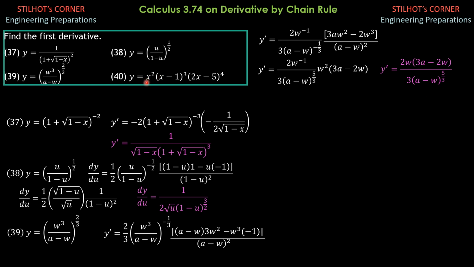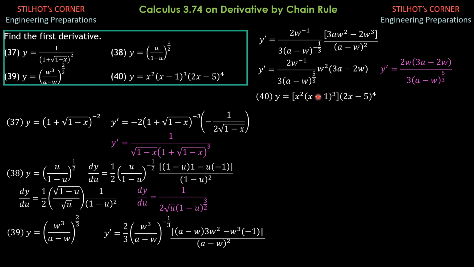Then lastly, number 40, there are 3 expressions in a multiplication operation. So I'll group x squared and x minus 1 cubed, and then we apply the derivative of a product as shown here. So y equals quantity x squared, quantity x minus 1 cubed, then times 2x minus 5 raised to 4.